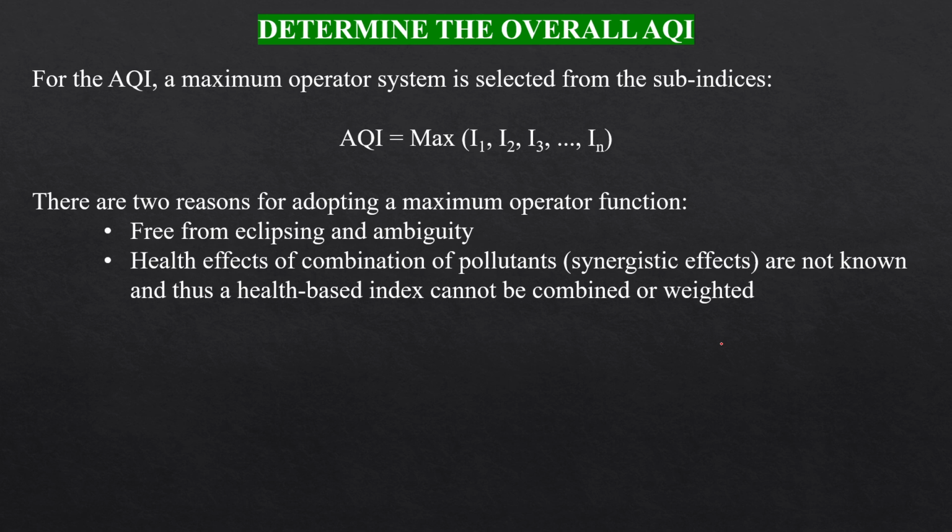The reason for adopting this is that it is free from eclipsing and ambiguity, and health effects of combined pollutants, the synergistic effects, are not known, and thus a health based index cannot be combined or weighted.